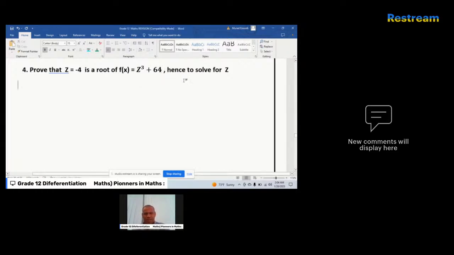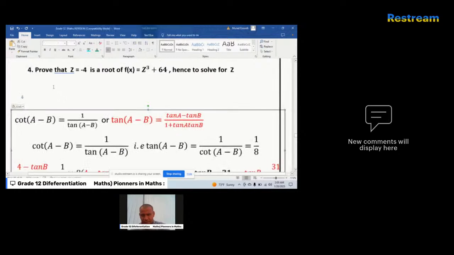Now we are going to use the remainder theorem or factor theorem. I will paste this here, learners. Start solving.